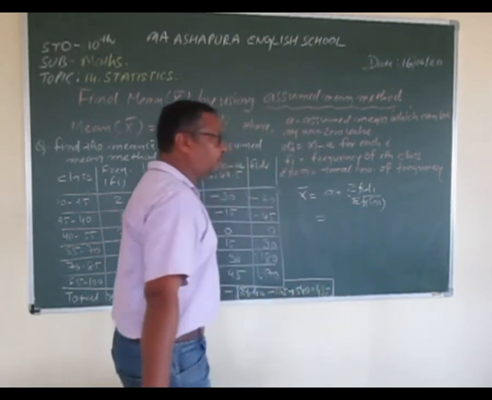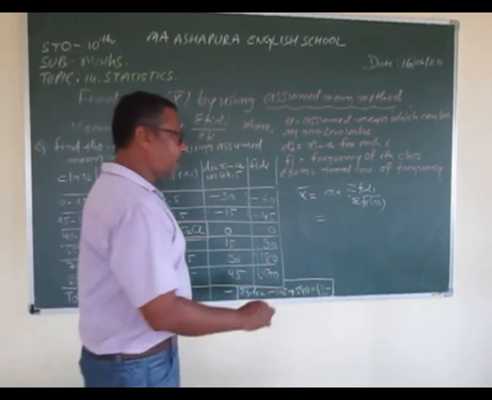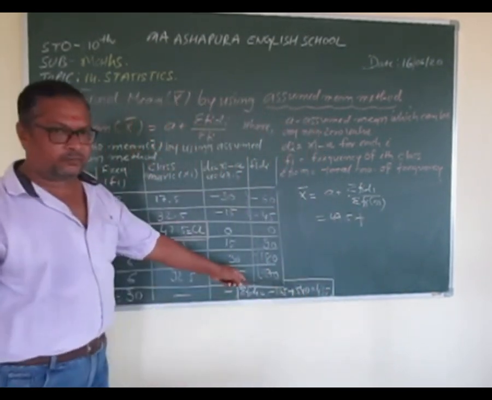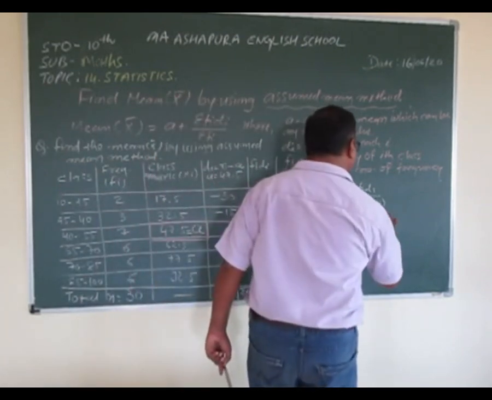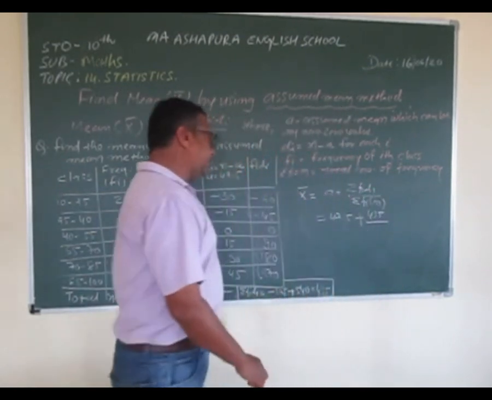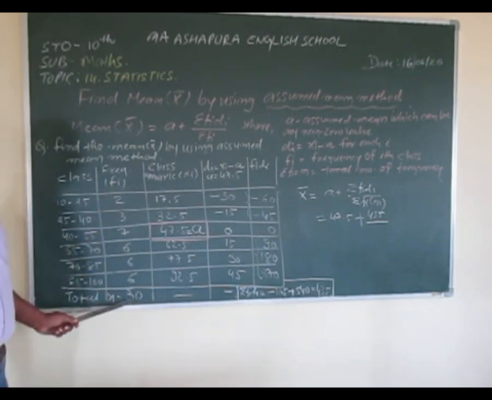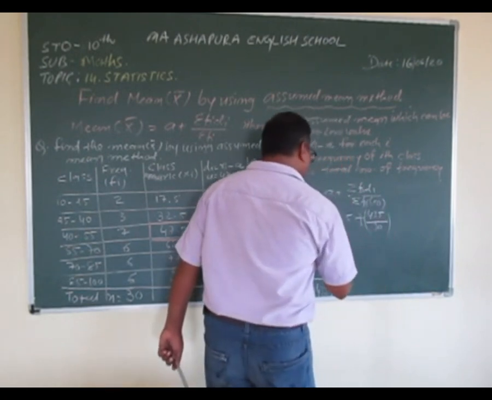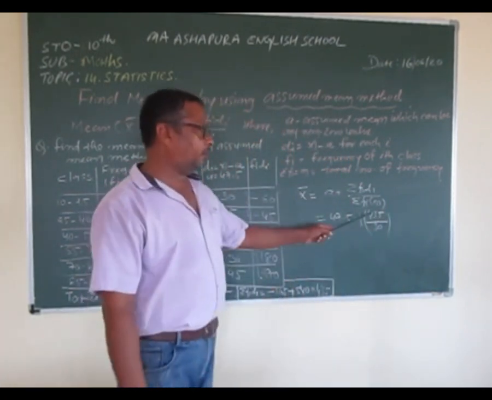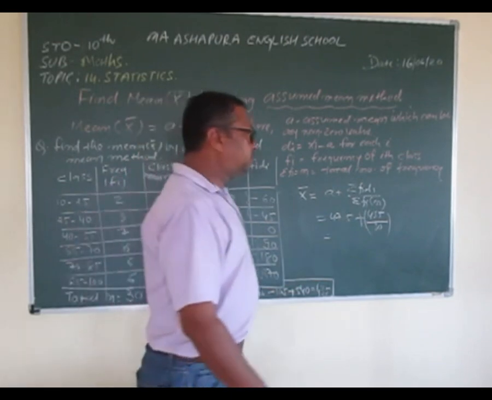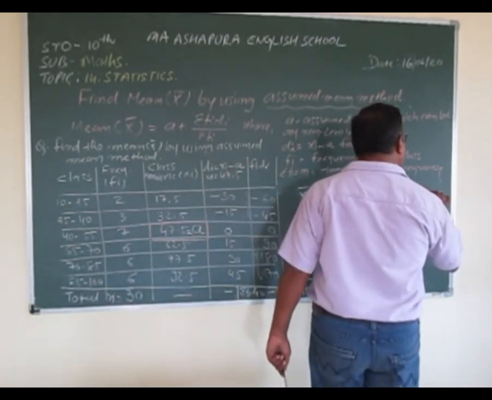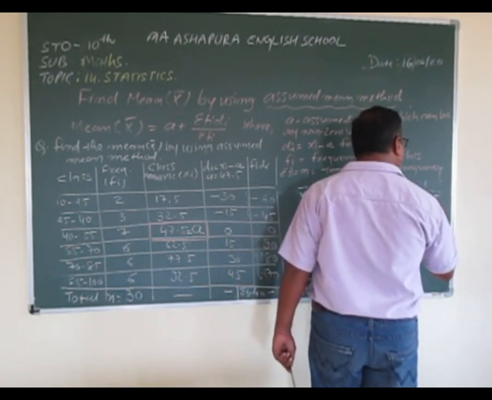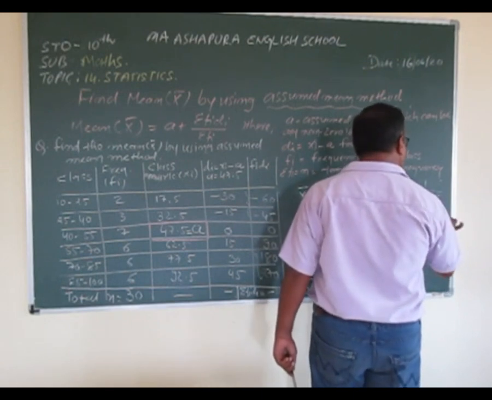Now substitute the values. A is equal to 47.5 plus fi di is equal to 435 and number of frequency, means total frequency, is 30. First of all, the second term, 435 divided by 30, simplify in this way. 3 1s are 30, 13 is remaining and 5 carry.